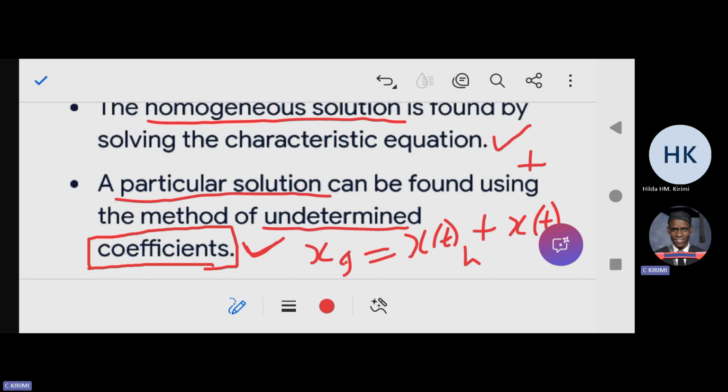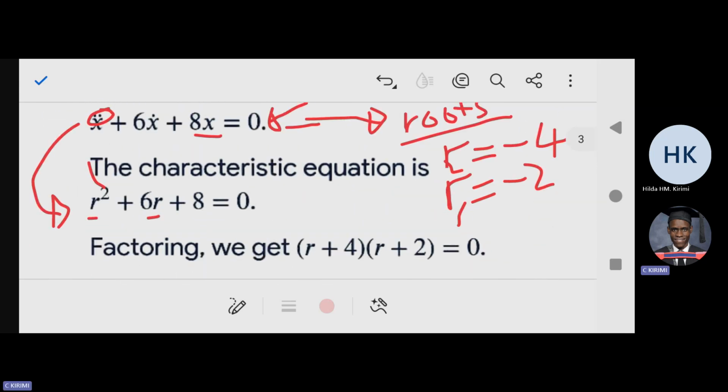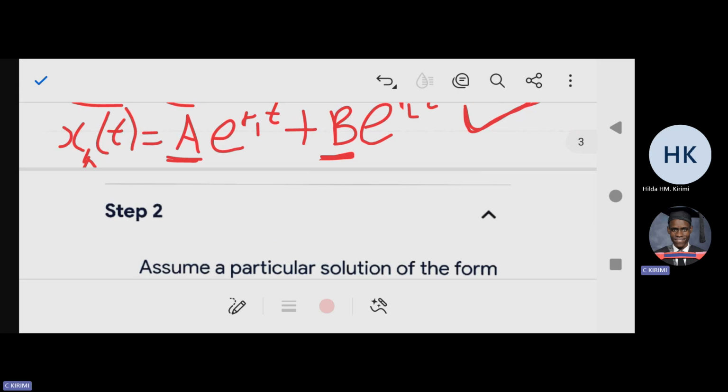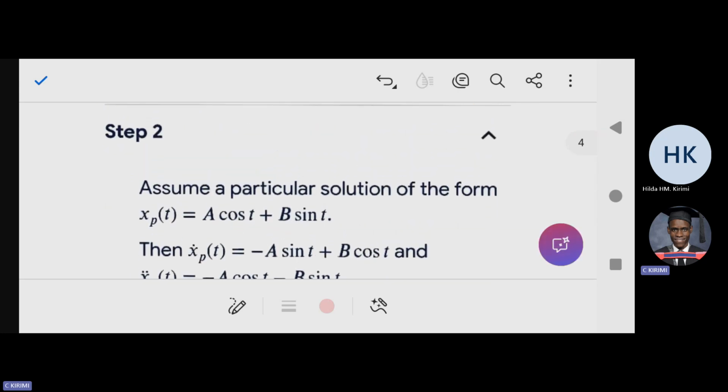But for a homogeneous solution, you just equate to 0. You must note that. But for a particular solution, you must use undetermined coefficients. By undetermined coefficients, you look at the form of your right-hand side.